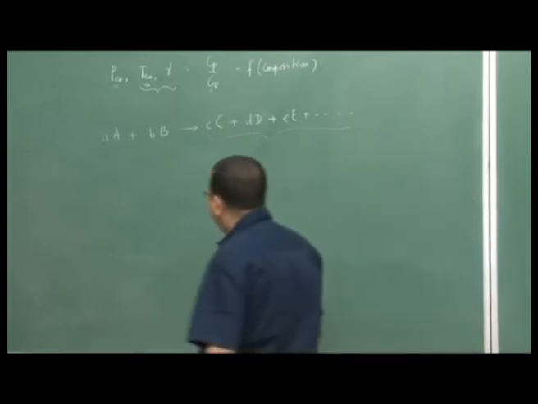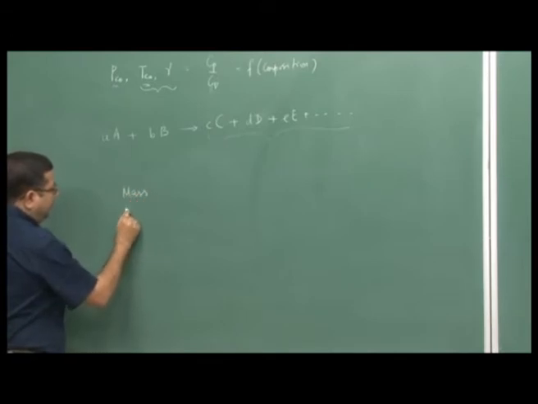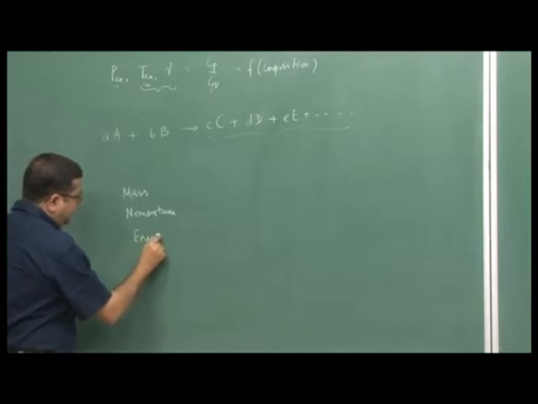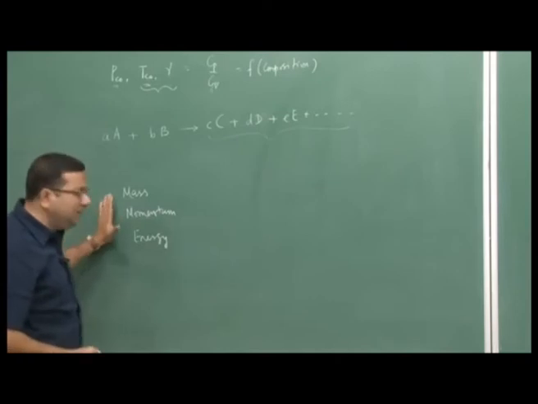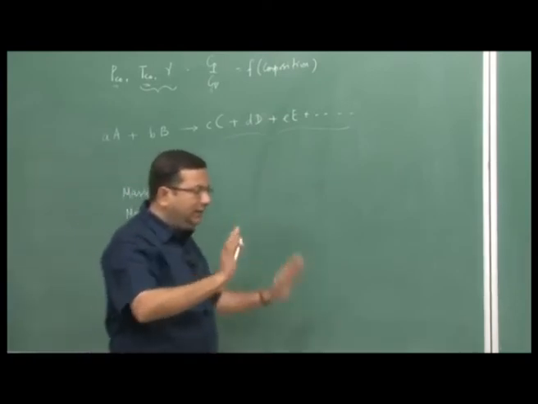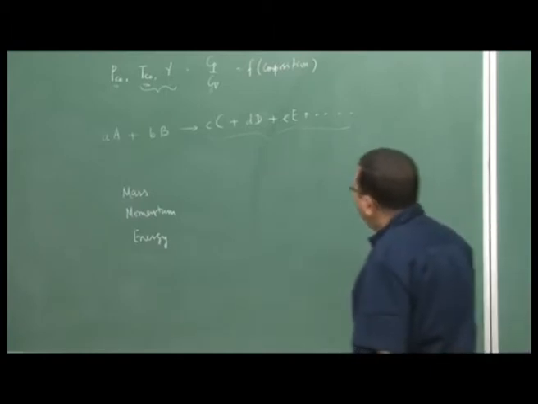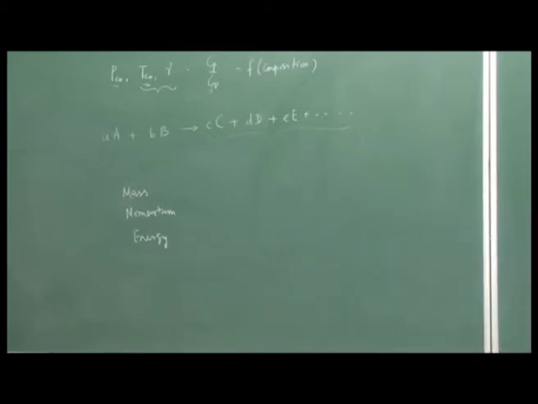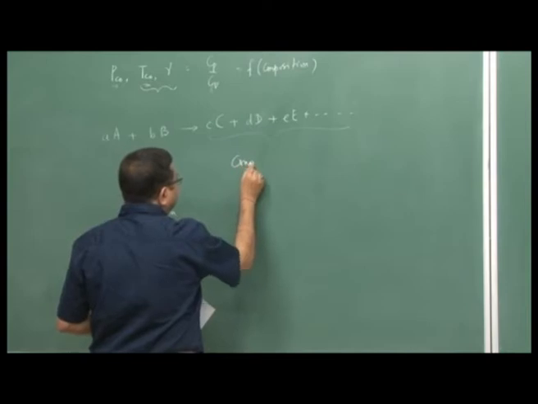So far we have talked about three conservation laws, that is conservation of mass, momentum and energy. These were all global parameters, and based on these conservation laws we derived all the equations for the performance of the rocket, etc. Now, when we come to the chemistry, rather the composition, then one more conservation law is applicable, which is conservation of atomic species.